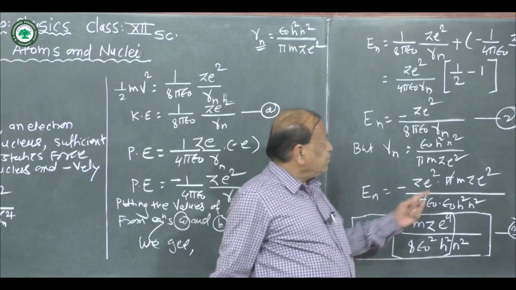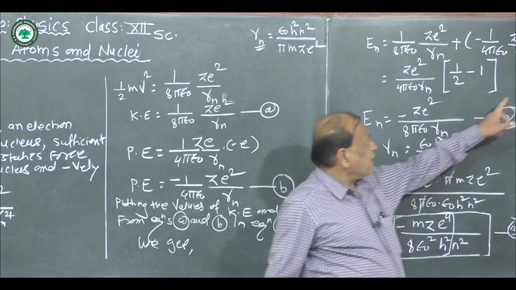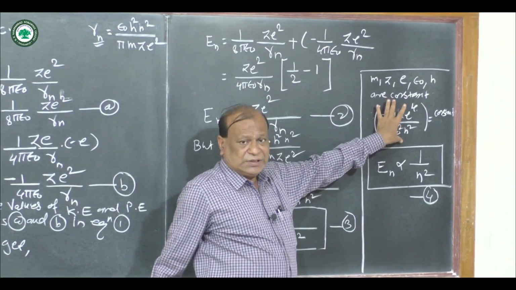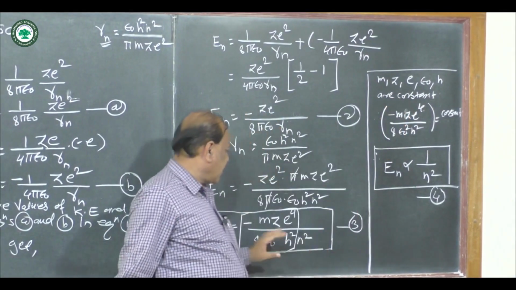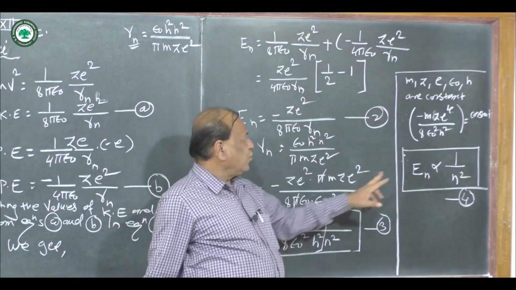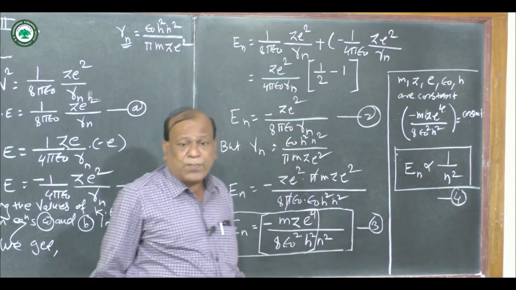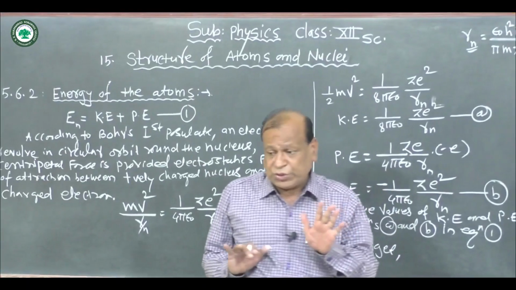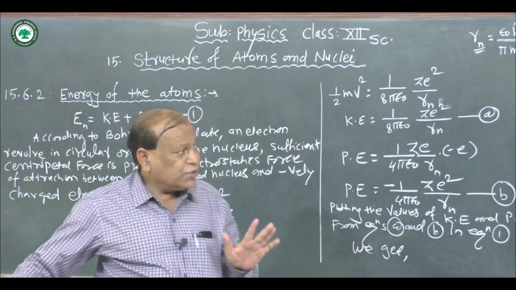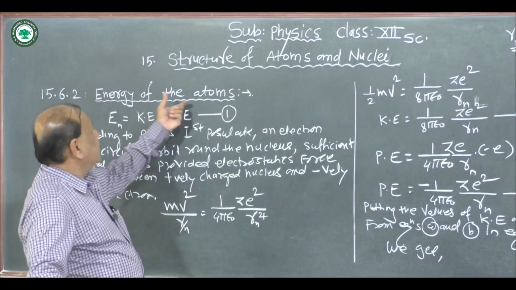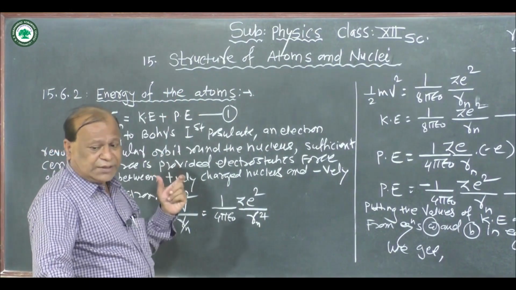Now, if these terms m, Z, e, epsilon, h are constant, means the value of this bracket is a constant, we can write En is directly proportional to 1 upon epsilon 0. In this way, we can finish this small article, energy of the atoms.